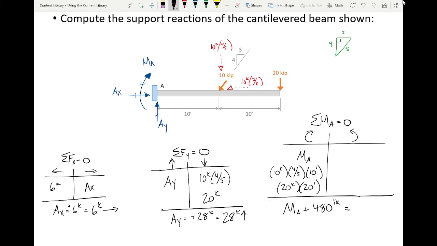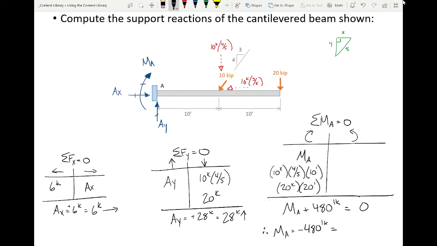And what does that equal? 0. Because there's nothing on the right. So if I solve this equation, what do I get? Negative 480. So now I get that MA is negative 480. And what does that mean?